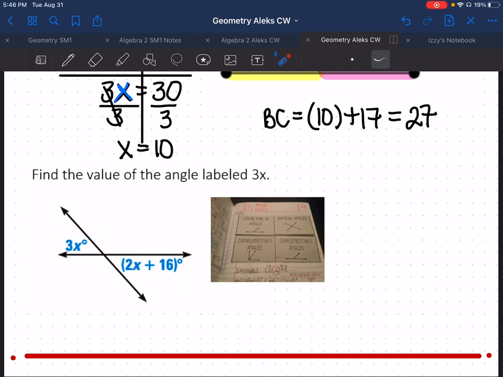If I look at them and I just look at the shape, it looks like this one right here, which are my vertical angles. I'm going to flip that foldable open and I'm going to verify that these are in fact vertical angles. Remember, vertical angles must only share a side.